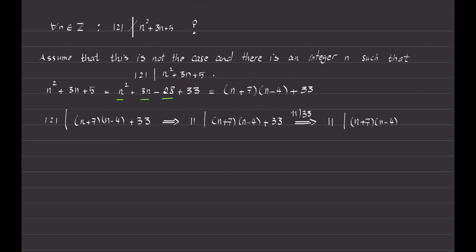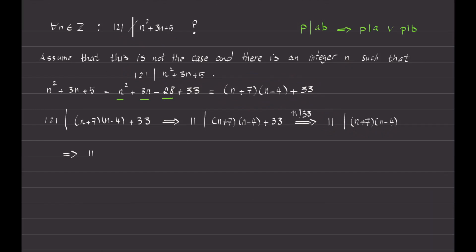Now 11 is a prime number, and we know that if a prime p divides the product of two integers a and b, then at least one of them should be divisible by p. So 11 divides the product of n plus 7 and n minus 4, so at least one of them should be divisible by 11.